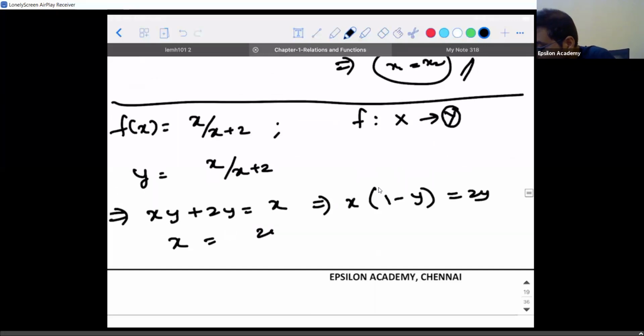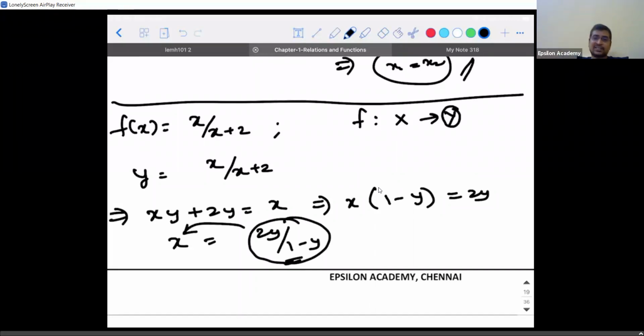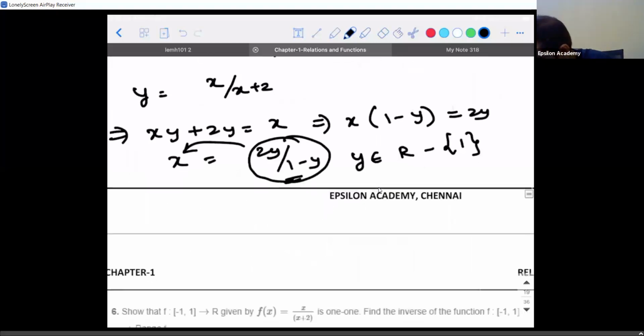So x is equal to 2y divided by (1 minus y). Now tell me what are all the values of y that I can substitute here so that I will get a finite value of x. y can be any real number except, correct? It's a rational function. So for a rational function, what is the exception? One, sir. So y belongs to R minus {1}. So how can you define this function?